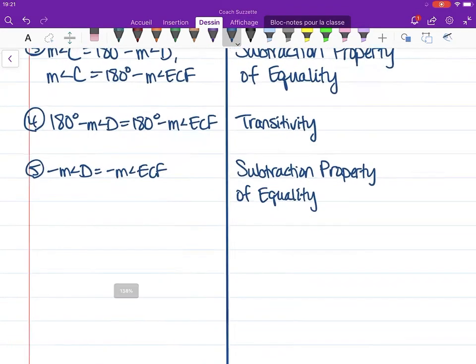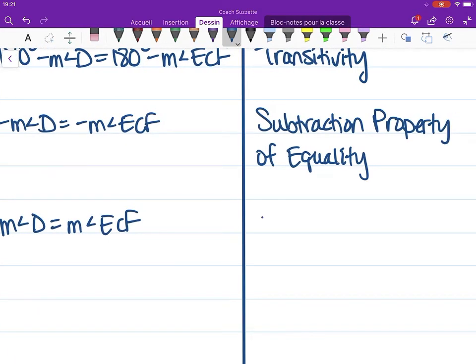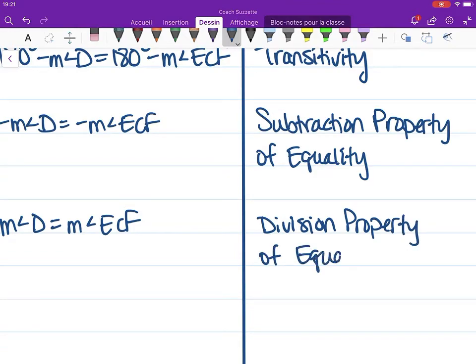Okay, and then divide both sides by -1 because we don't want negative measures. We know that's legit by the division property of equality, which tells us that if we divide both sides of an equation by a non-zero number, we have an equivalent equation.